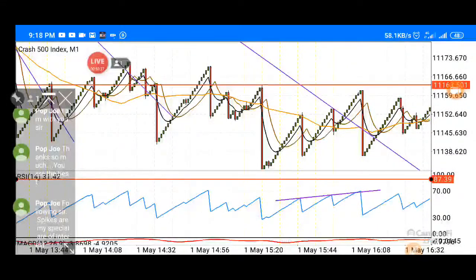Don't try catching spikes when it is on a downtrend, and don't try catching spikes on crash when it's on an uptrend. You rather look for opportunities to join the buy.